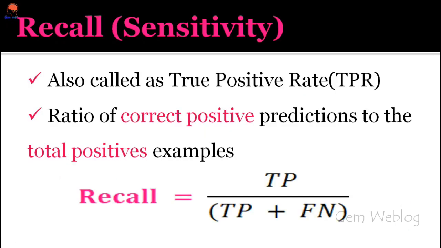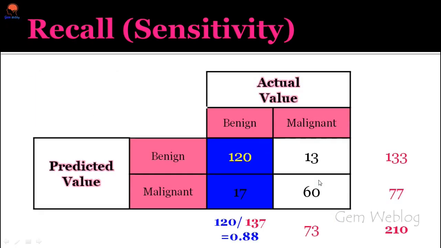Now we will see recall. It is also called sensitivity or true positive rate. It represents the ratio of correct positive predictions to the total positive samples in the data set. So the formula to calculate the recall is true positive divided by true positive plus false negative. Now we will see how to calculate the recall value from the confusion matrix.